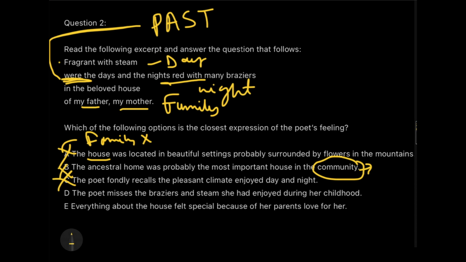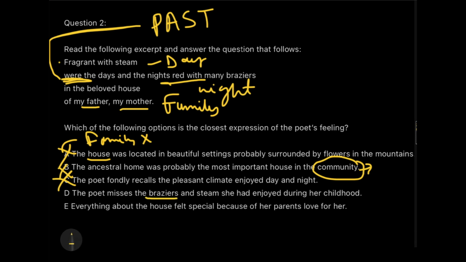Now, option D. The poet misses the braziers and steam she had enjoyed during her childhood. Again, enjoyed during her childhood never means that her parents were around her. So again, the parents part is missing. And the second trick, which we used earlier in the poem part 1 also, was that the keywords should not be exactly present.